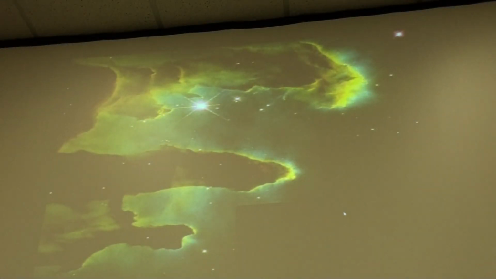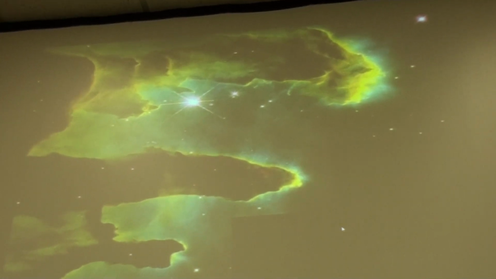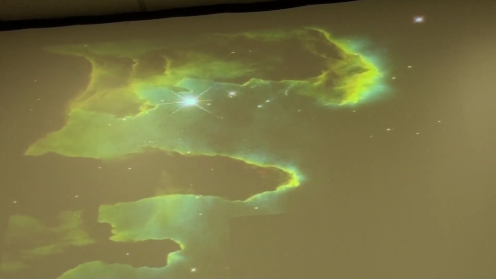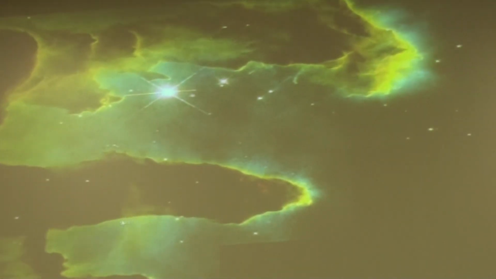And so here, in the wake of that, is the Eagle Nebula. And we can see that at the edge of the shockwave front, this is where new solar systems are being formed.